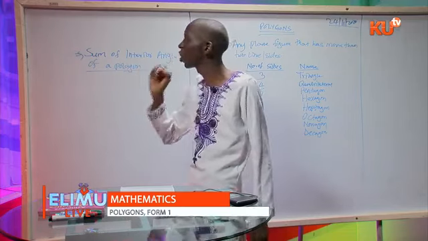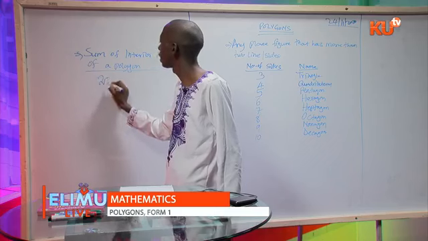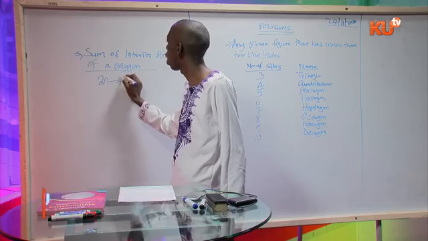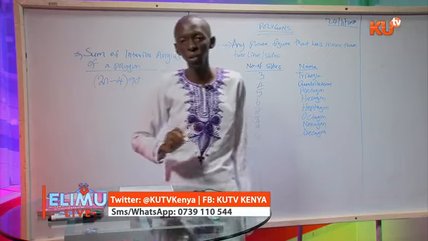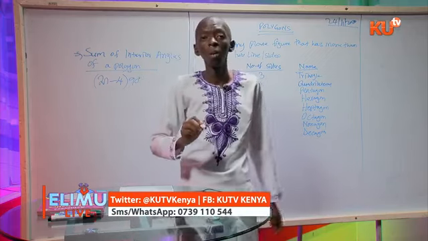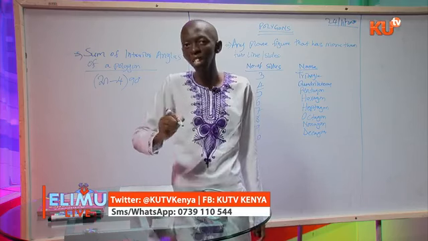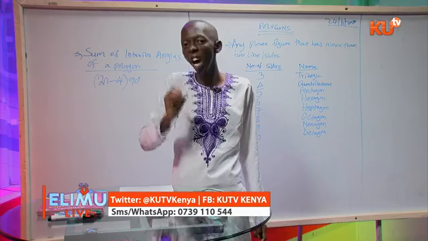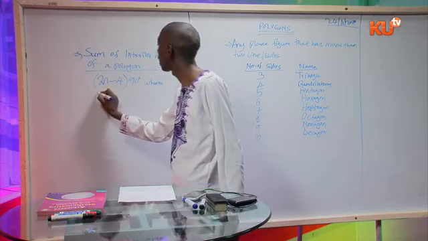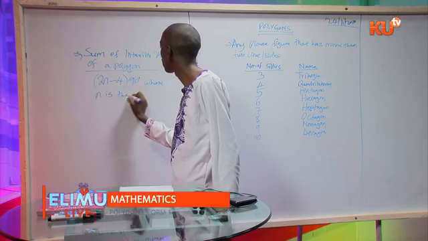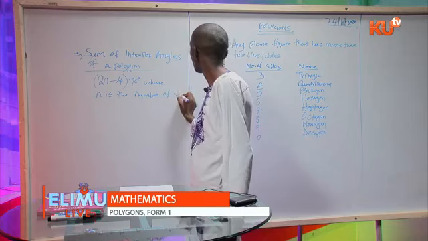To get the sum of the interior angles of a polygon, you take (2n minus 4) multiplied by 90 degrees, where n is the number of sides.